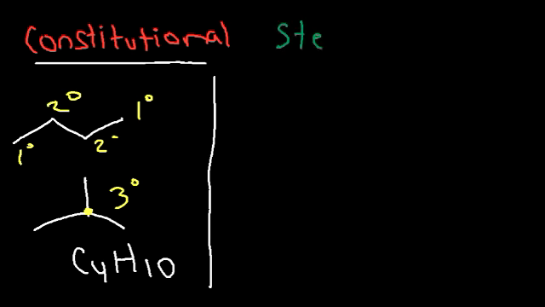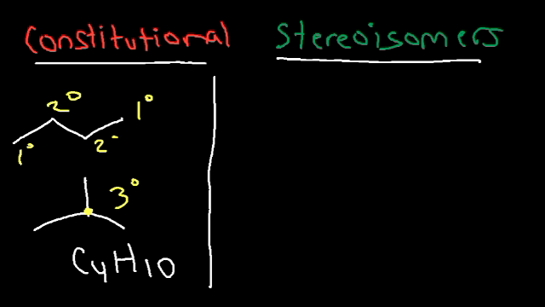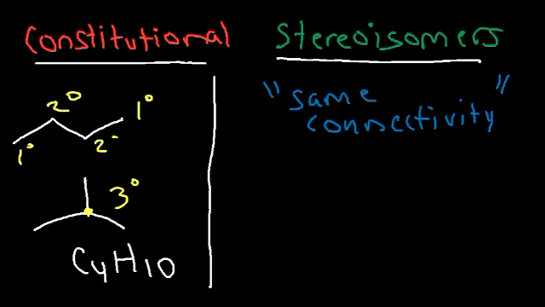Stereoisomers are connected the same, but the way that they are arranged in space is different. So stereoisomers have the same connectivity, but they differ in their spatial arrangement.